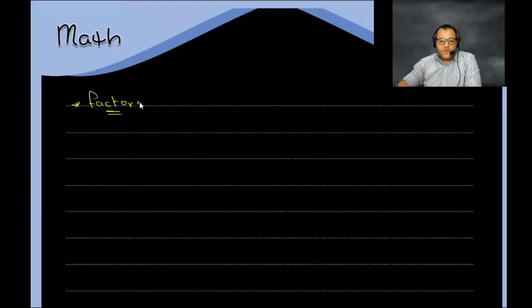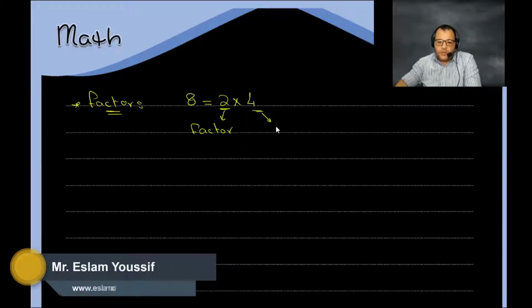You know what is the meaning of factor? If you know the meaning of the factor, please raise your hand. Okay. So when I say that 8 is equal to 2 times 4, 2 is called a factor, and 4 is called a factor.